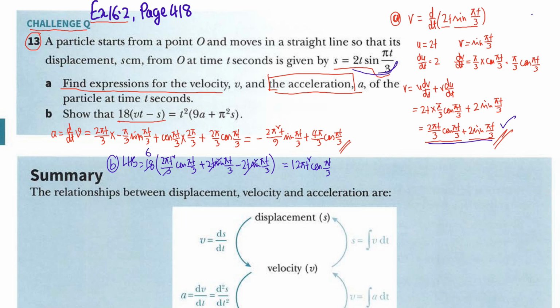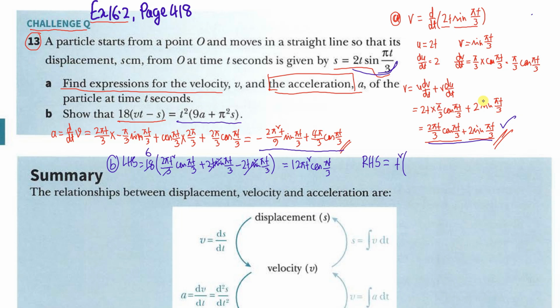Okay, let us now move to the right hand side, which is written here: t square into 9a plus pi square s. So let me do that. Right hand side, if we simplify, then we can write t square into 9a. Our expression of a is this, so we have to multiply with the 9.